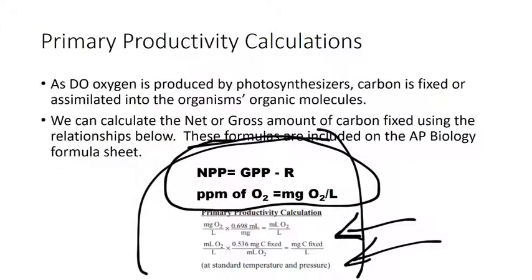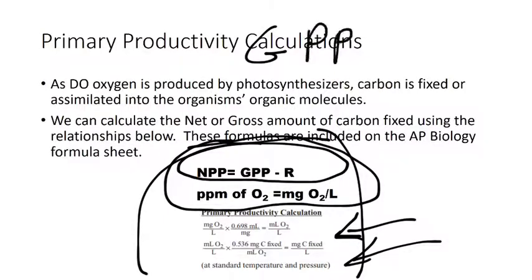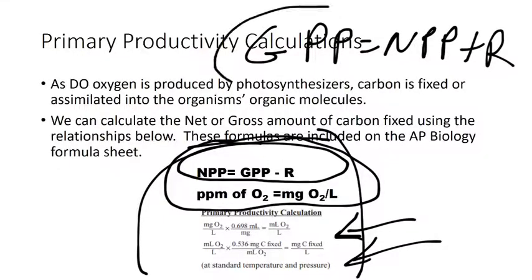What we would first want to do is calculate the GPP in terms of oxygen. So we would use this relationship. We would solve it for GPP, like so. And we would calculate the milligrams of oxygen produced per liter of water.